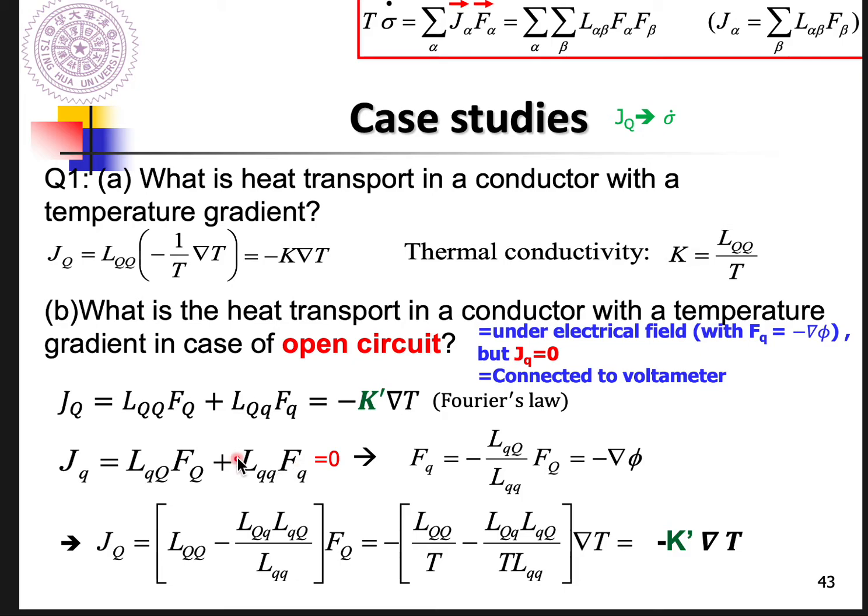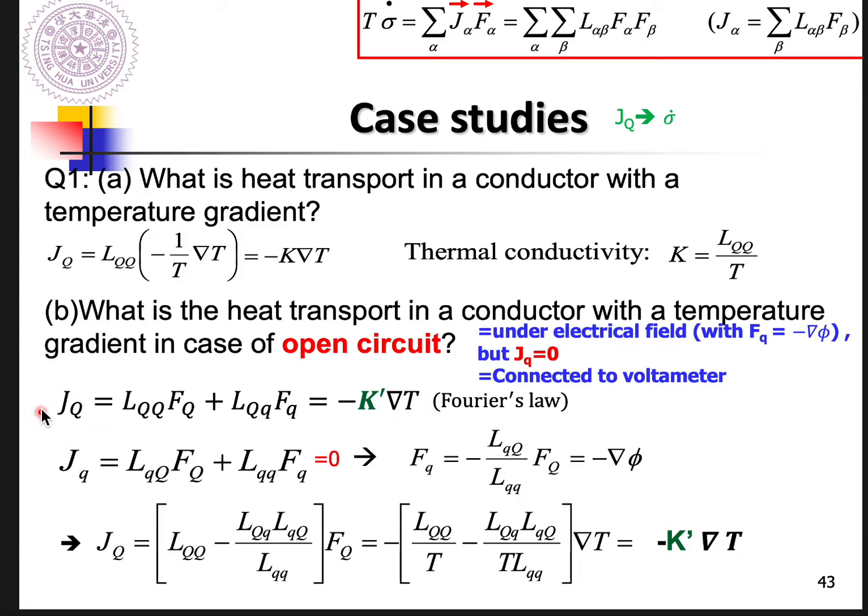And for this system, for heat flow, the temperature gradient is not the only factor driving the heat flow. The electrical field also contributes some amount of heat flux, and you can measure the heat flux.